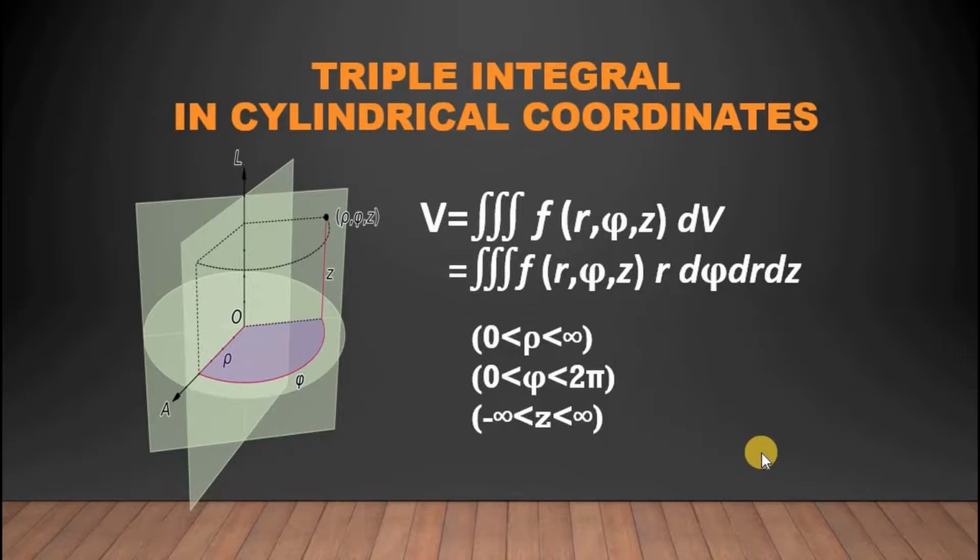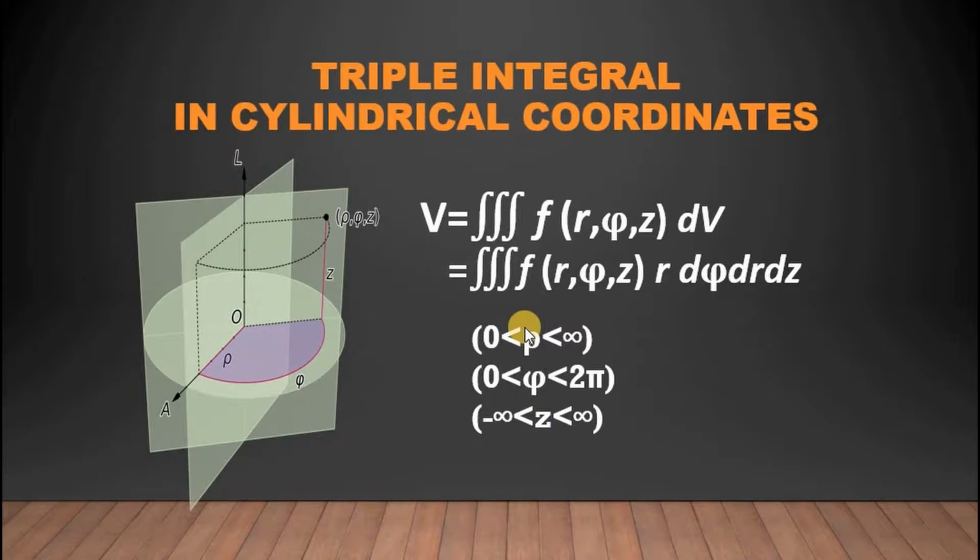Okay, now we look at the triple integral in a cylindrical coordinate system. This diagram shows a cylindrical object. It has 3D parameters which stand for rho, phi, and z.